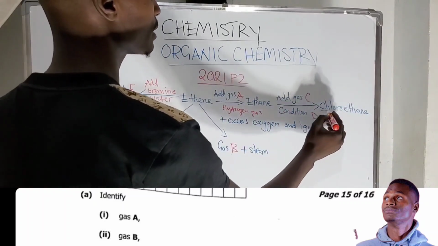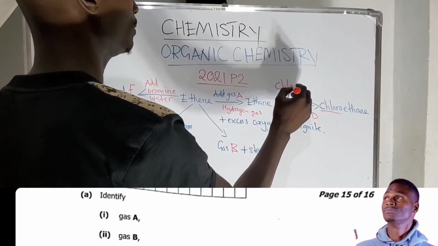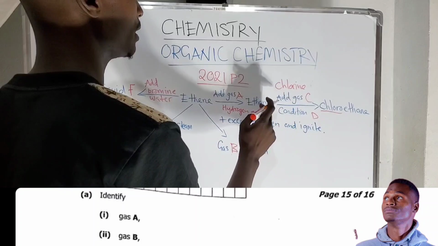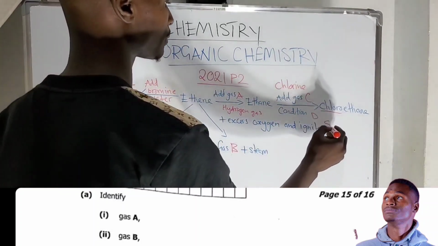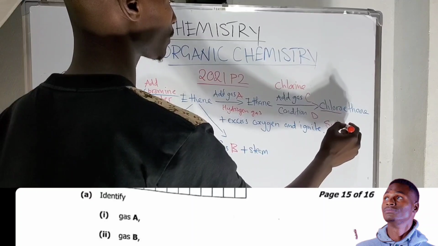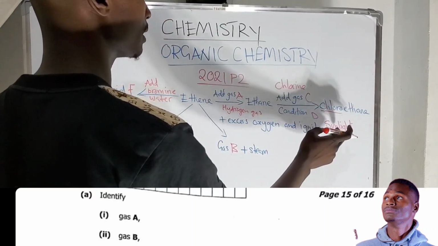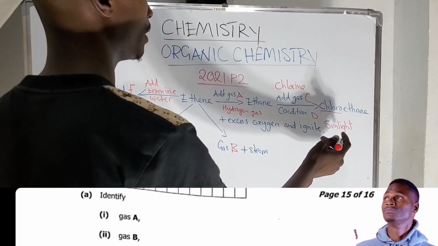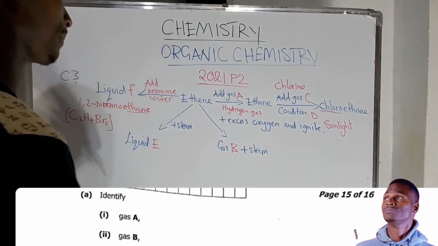Chloroethane means that we have used chlorine, so gas C is chlorine. The condition involved here is sunlight, or ultraviolet light. So, just sunlight.